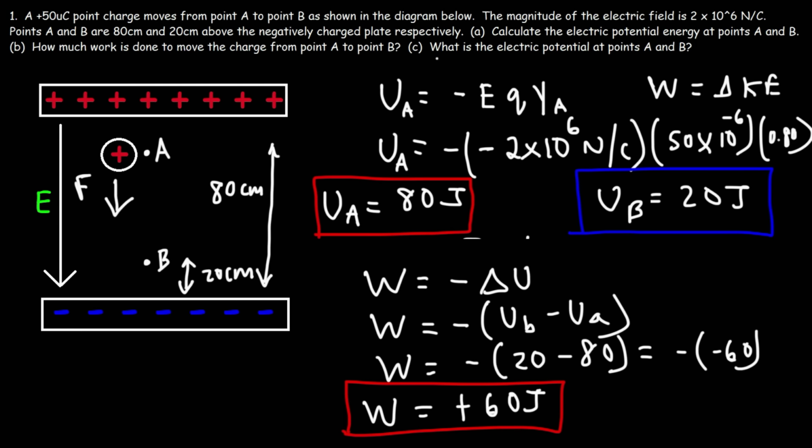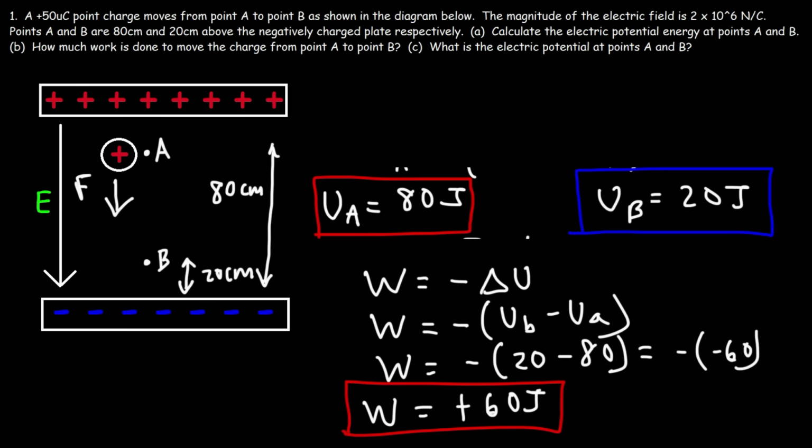Now let's move on to part C. What is the electric potential at points A and B? Before we answer that question, let's erase a few things and rewrite some of our values above.